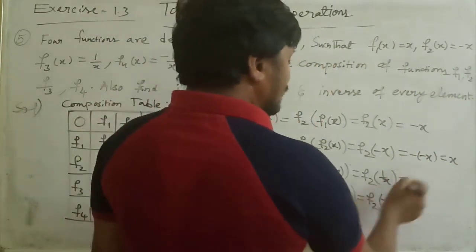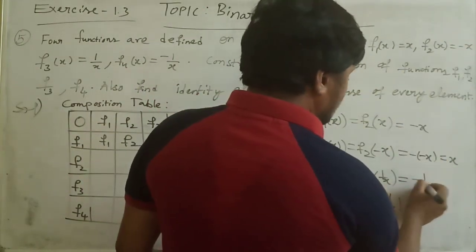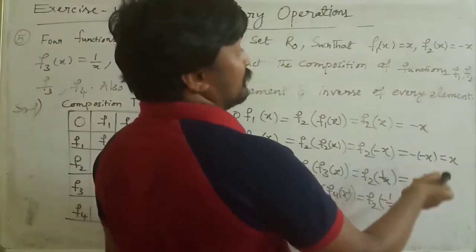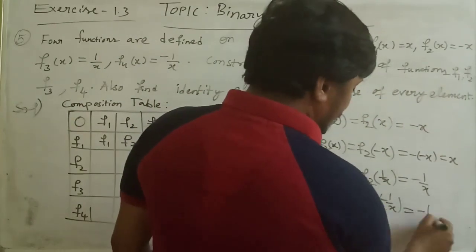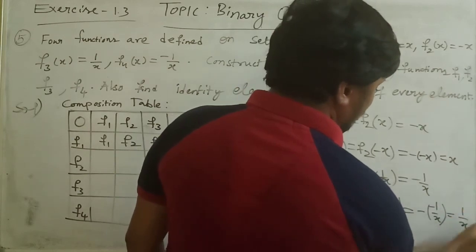Next, f2 of f3 of x is f2 of 1 upon x, that is minus 1 upon x. Then f2 of f4 of x is f2 of minus 1 upon x, so minus into minus gives plus 1 upon x.